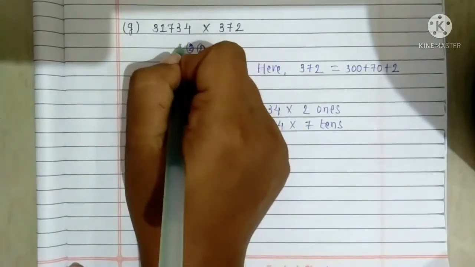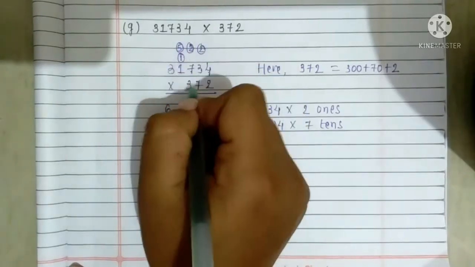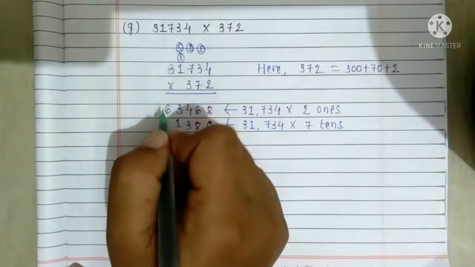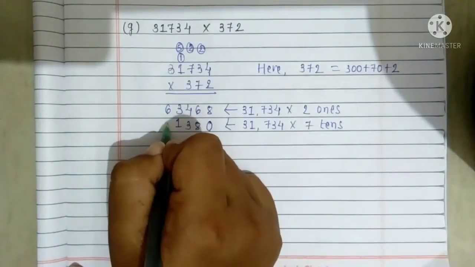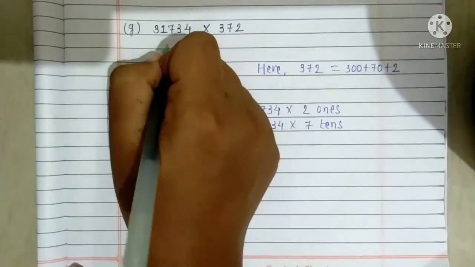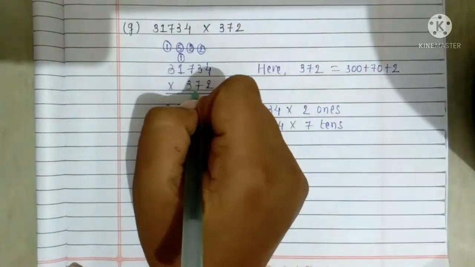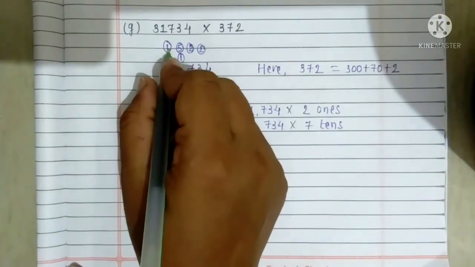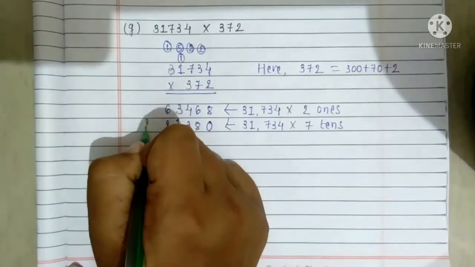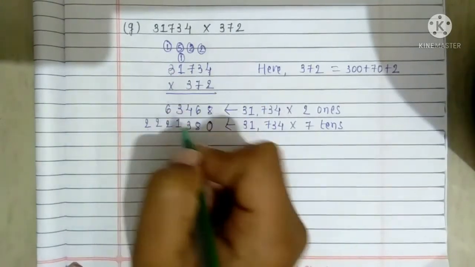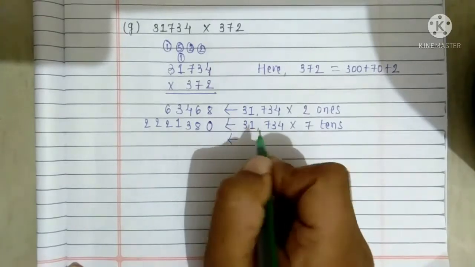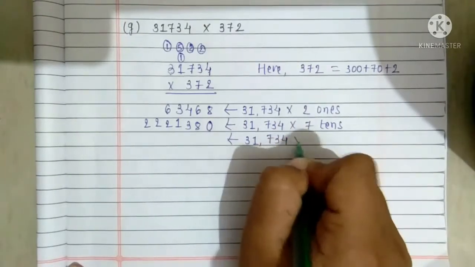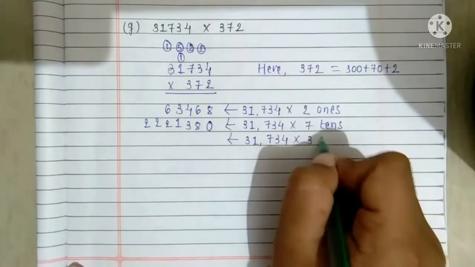Answer में carry on 5. 7 ones are 7 plus 5 12. 12 का 2 आंसर में carry on 1. 7 threes are 21. 21 plus 1 22. Next we multiply 31,734 by 300.